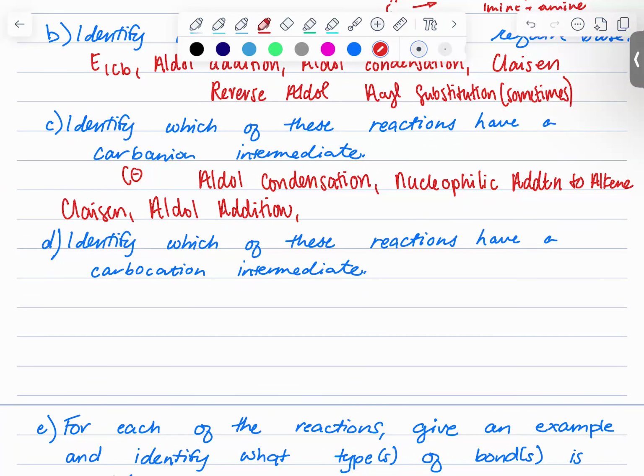I have two more on my list. Reverse aldol? There's one more, and we've actually already mentioned it in a different question.